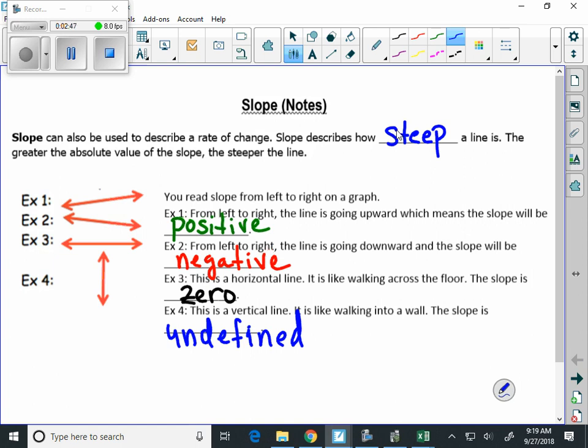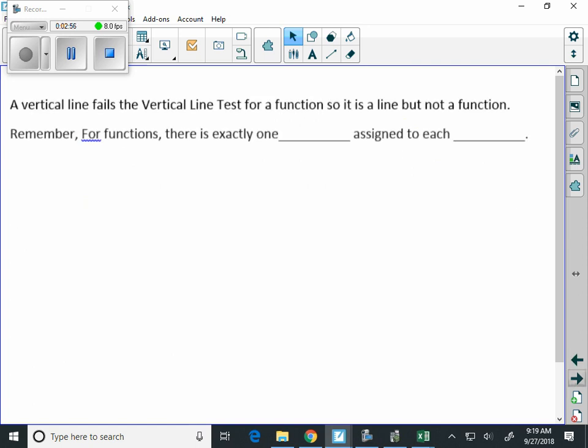Again, hopefully this is familiar to you. As I flip here, keep in mind, a vertical line is not a function. It fails the vertical line test. Maybe that'll be something that can be helpful to you when you try to remember that the slope of a vertical line is undefined.